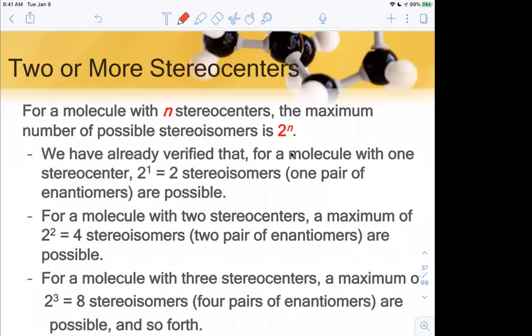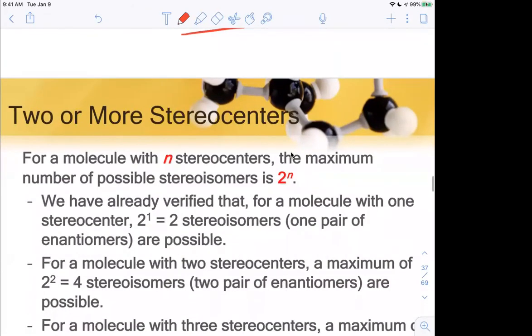We've been talking about those enantiomers, and only when I have 1 chiral center. So in the next lecture, we're going to see what happens when I have two or more stereocenters within the same molecule. So leaving you with that little teaser, I'm going to say goodnight, and I will see you soon.